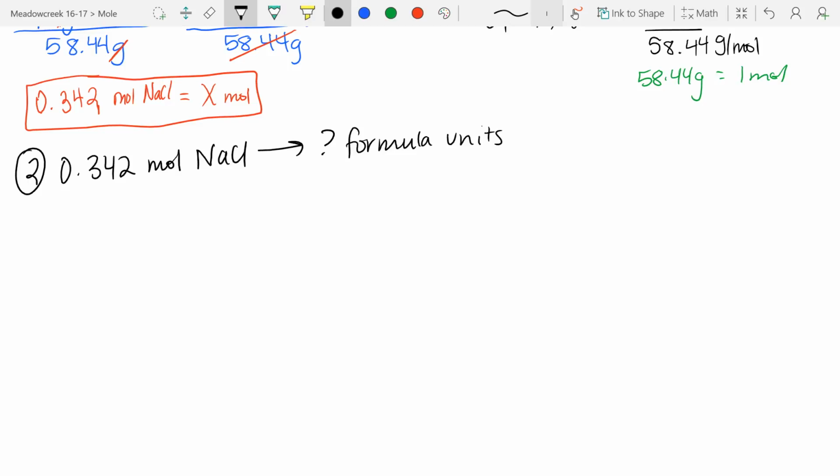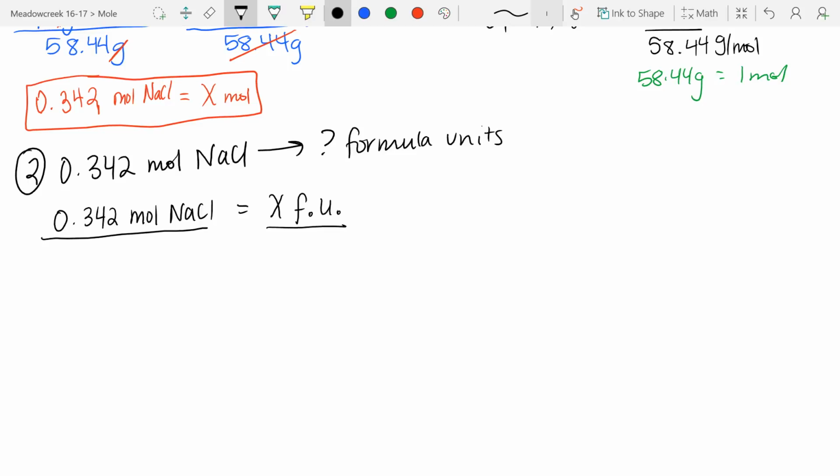So again, we start off with what's given to us. Our 0.342 moles of NaCl, and we set it equal to X number of formula units, which I'm going to abbreviate, okay, because that's a long word, okay, and I put it into my fraction.